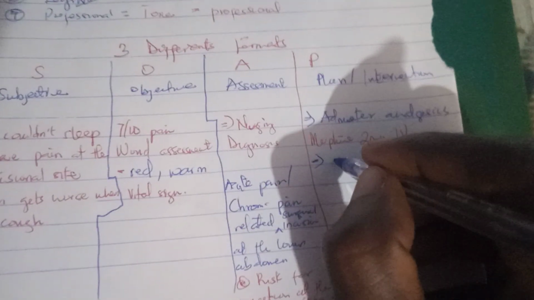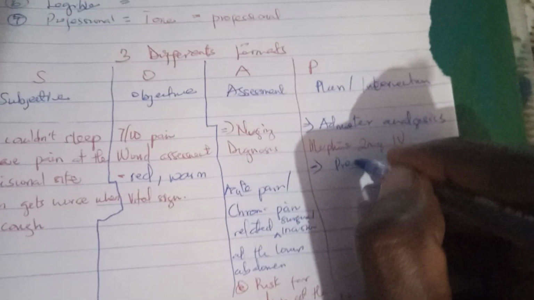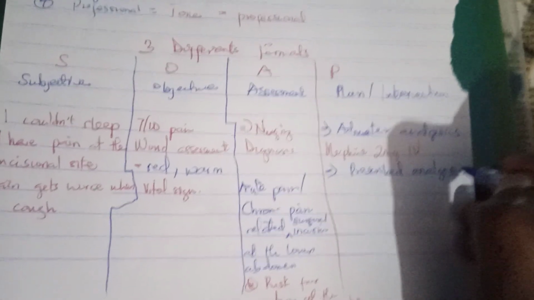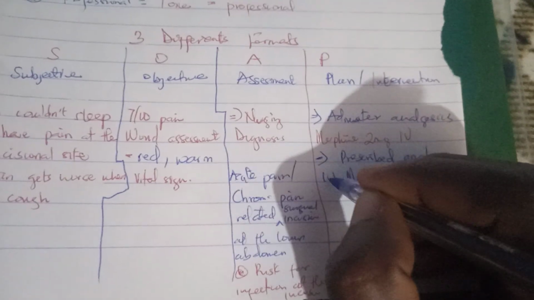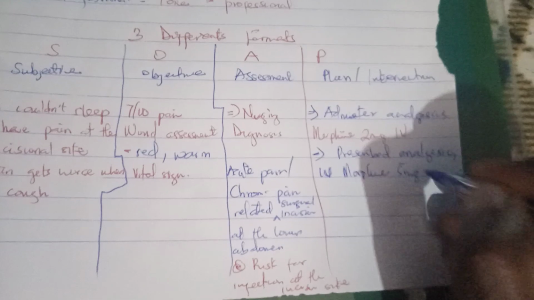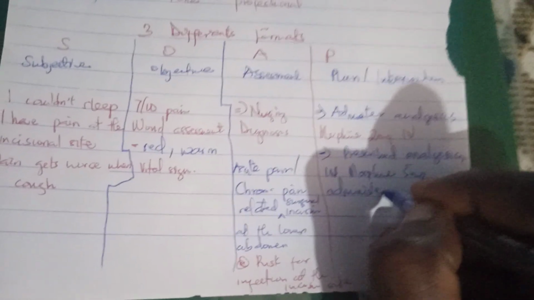So let me state it properly. Prescribed analgesic. Then you say the analgesic, IV morphine 500 milligram administered. Sorry.